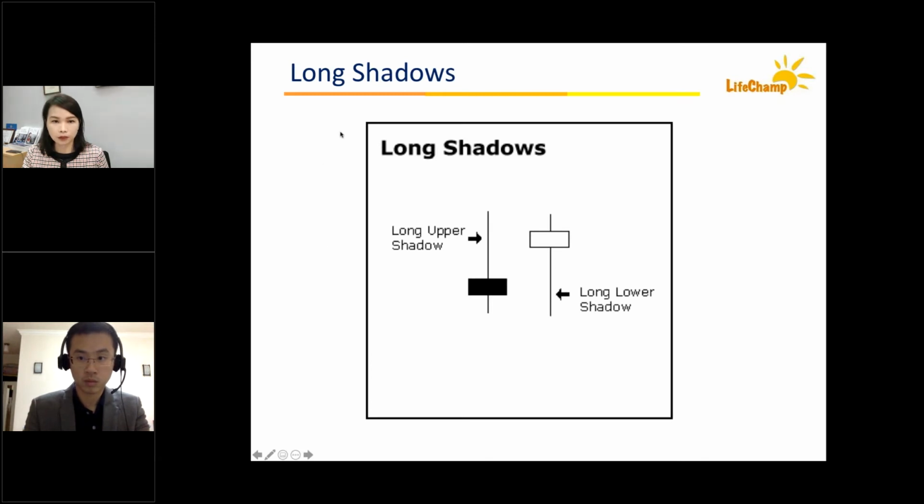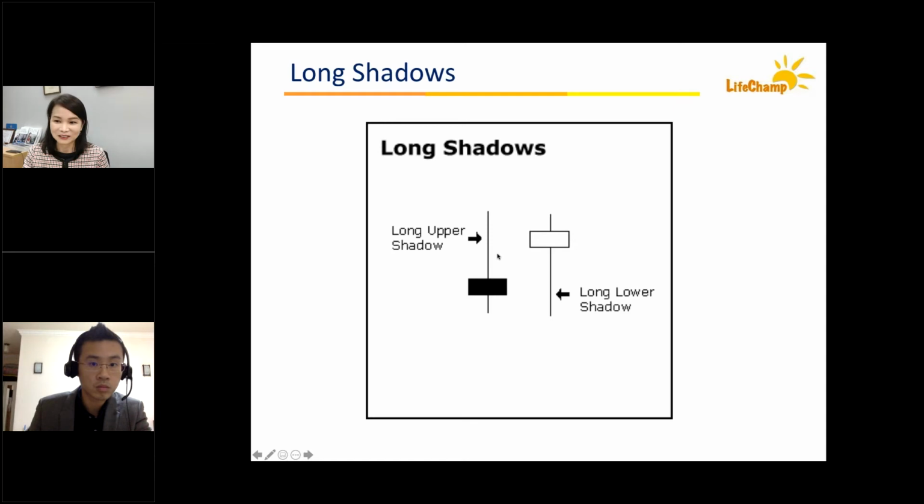So the next one is this long shadow. This long shadow is very long on the upper side. So what does the psychology tell you? These two are long. I can't see your answers, but if I were to ask you, of these two, which one will give you a more bearish psychology behind it?